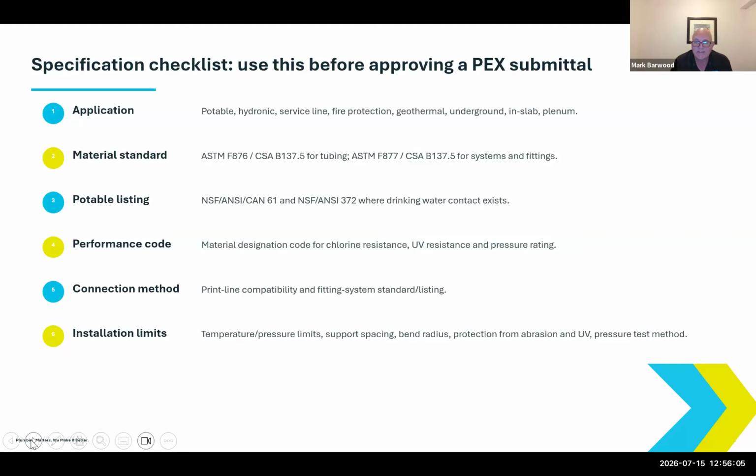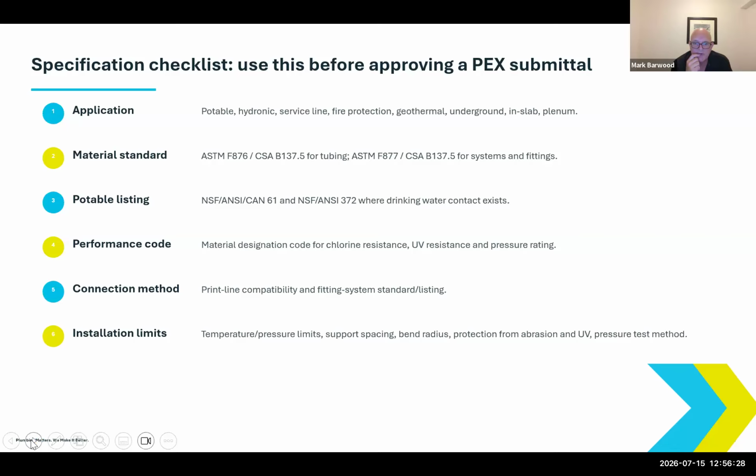Does it have a potable listing? So is the pipe NSF 61, NSF 372 compliant? The performance code is the material designation code for chlorine resistance, UV resistance, and pressure rating. Connection method, you have to specify how the pipe has to be connected. We've gone over those connection methods. And then installation methods.